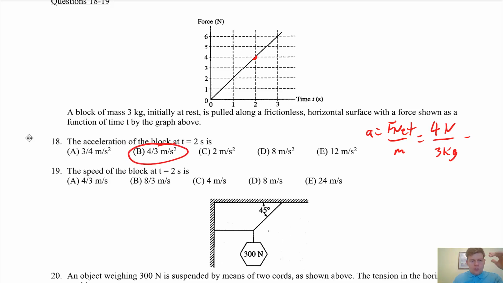And this next sucker, we want to know the speed of the block at 2 seconds. Now there's a couple ways you can do this. You can do kind of an area under the graph thing.